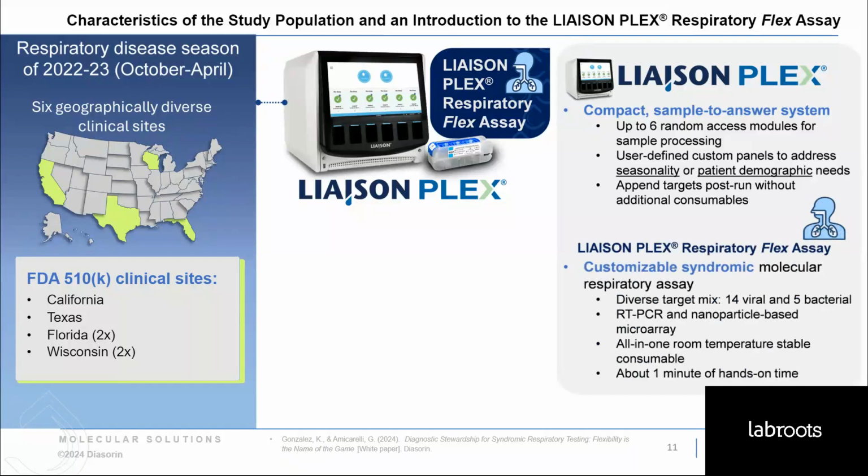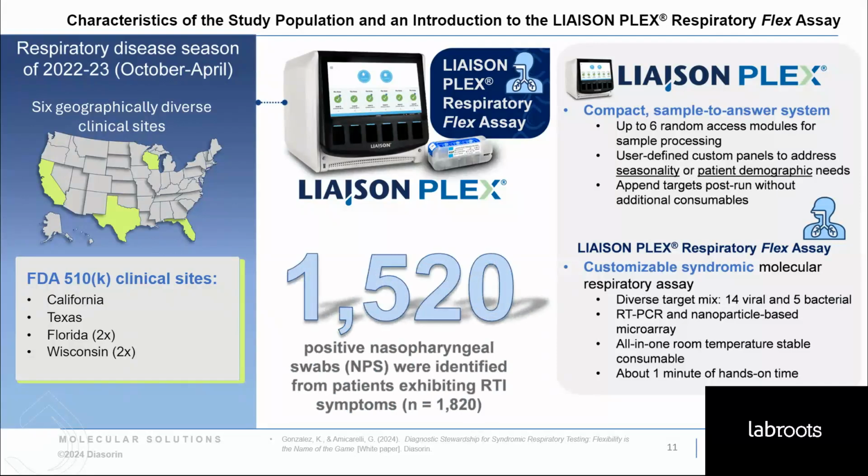The Respiratory Flex assay is also a new customizable syndromic molecular panel. The panel allows the detection of 19 respiratory targets, 14 viral and 5 bacterial targets, all in one small consumable.